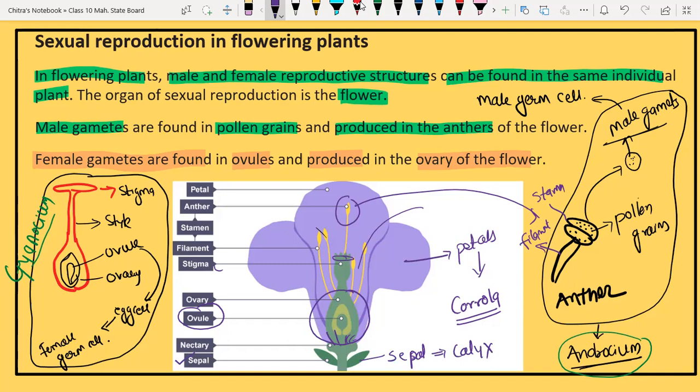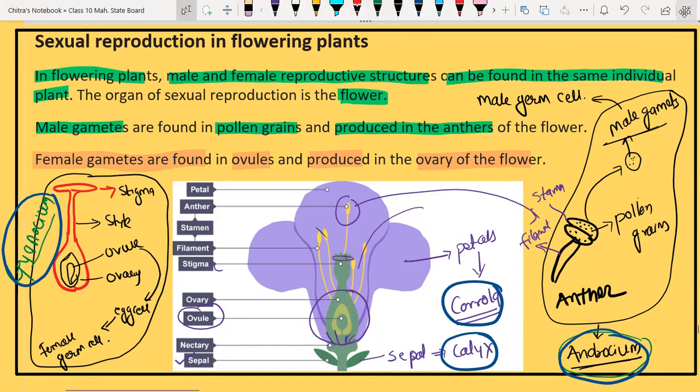So the main parts of the flower, I am just underlining with blue ink, are the corolla, then the calyx, then the androecium, and the gynoecium. These are the main four parts of the flower. Understood, everyone? Yes, sir.